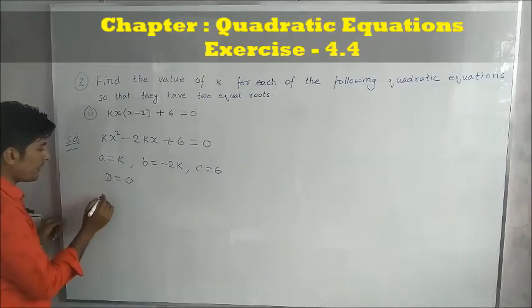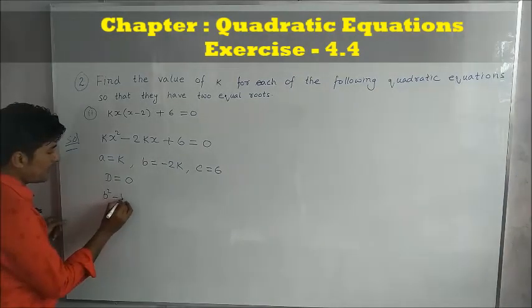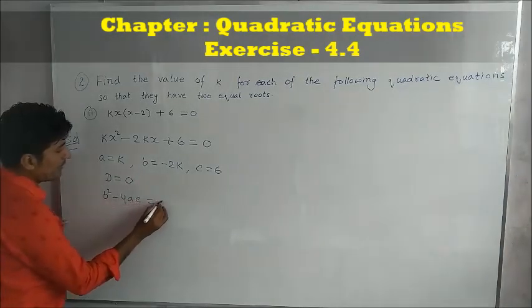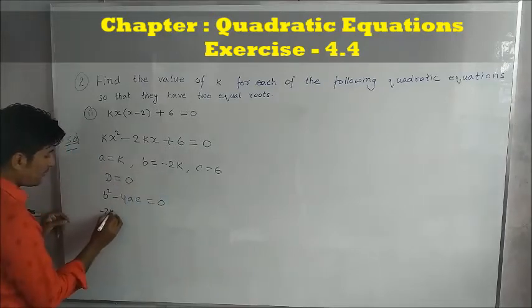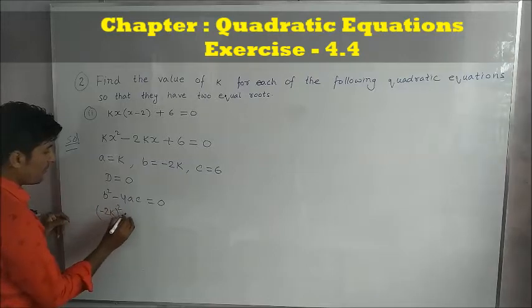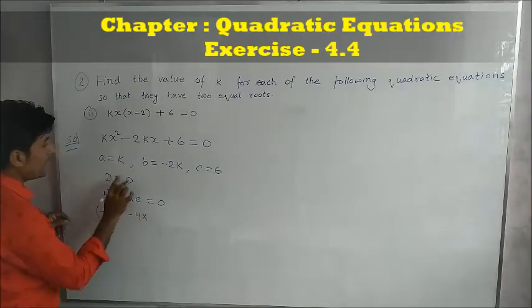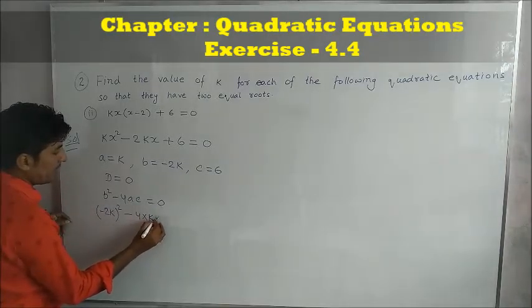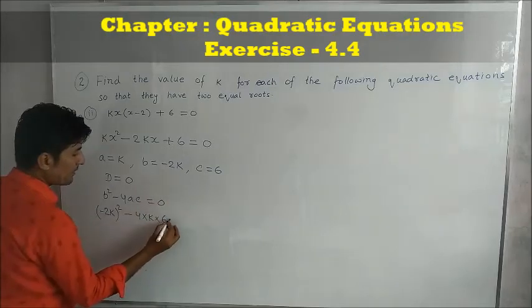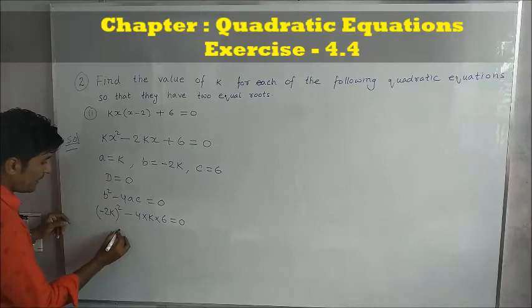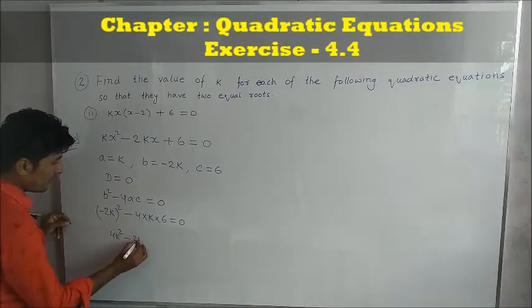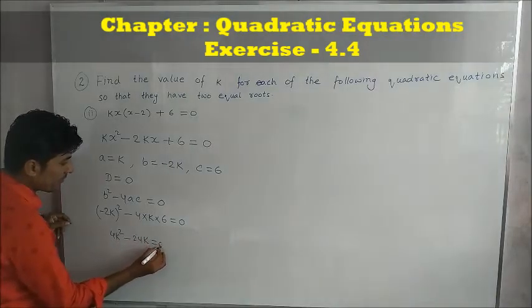In place of d, we can write b square minus 4ac equals to 0. Value of b we can place here, minus 2k whole square, minus 4 into a, we can write k, into c, we can write 6, equals to 0. 4k square minus 24k is equal to 0.